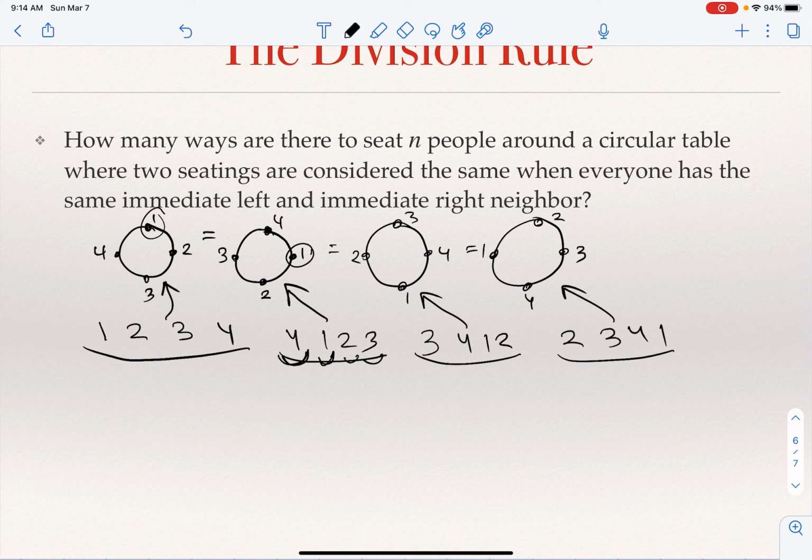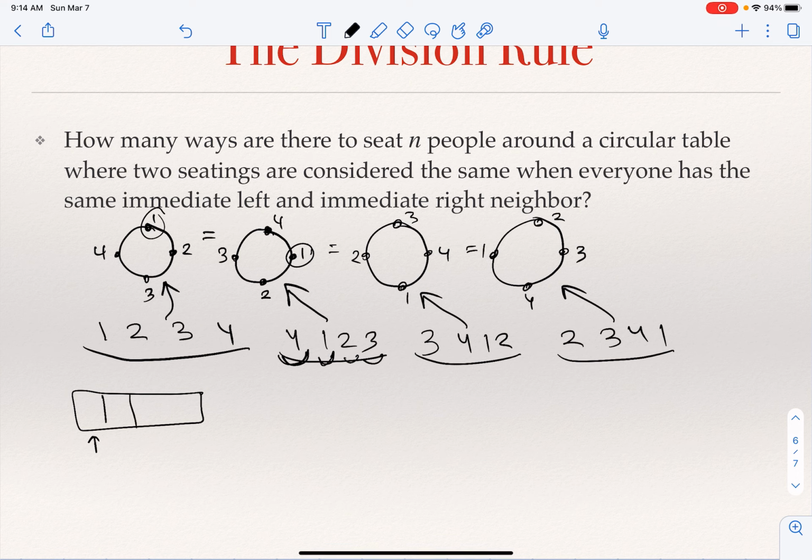Now, I know how to count these permutations here, because now I am asking how many ways there are to put four individuals in a row. If I want to put 4 individuals in a row, I can put here in the first place either 1 or 2 or 3 or 4.